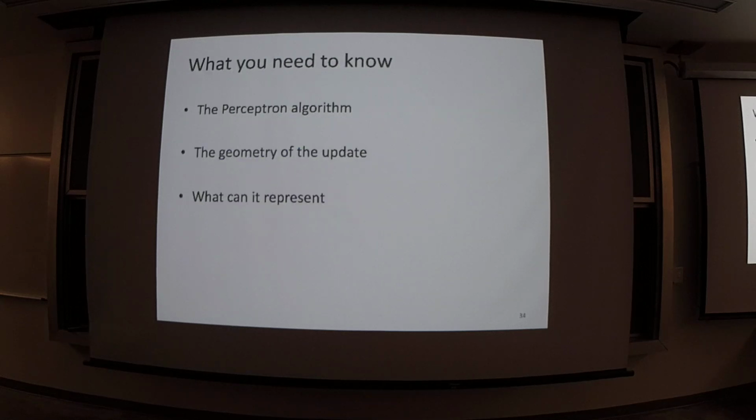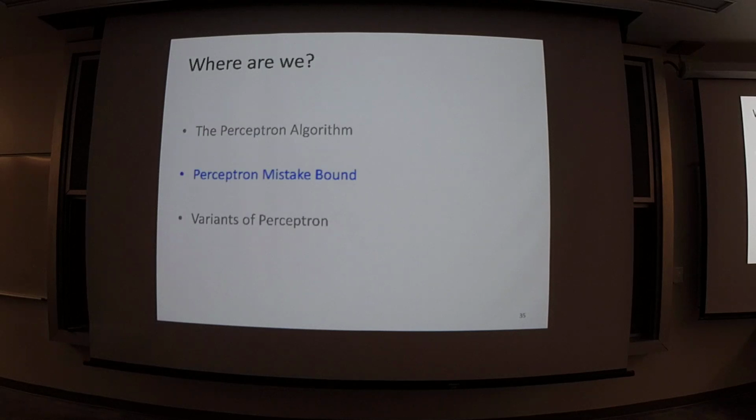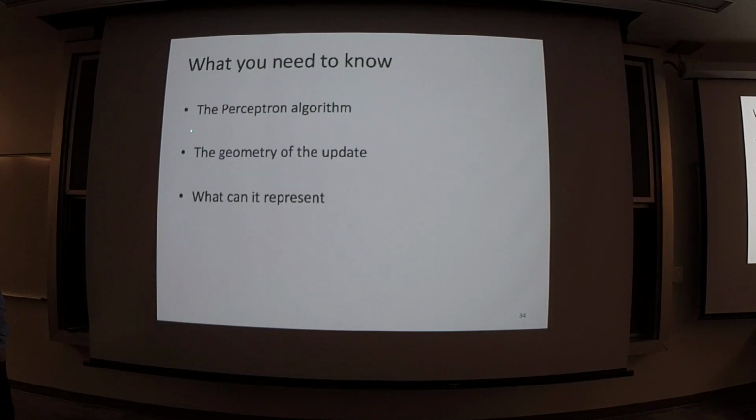Okay. So now I have introduced the perceptron algorithm details, the geometry of the update, why it is rational, and what it can represent. So up to now, you should be able to implement your own perceptron algorithm. What's the stopping criterion for the perceptron algorithm? For example, in each update your labels will change, and you have to make sure all of them are correctly labeled.